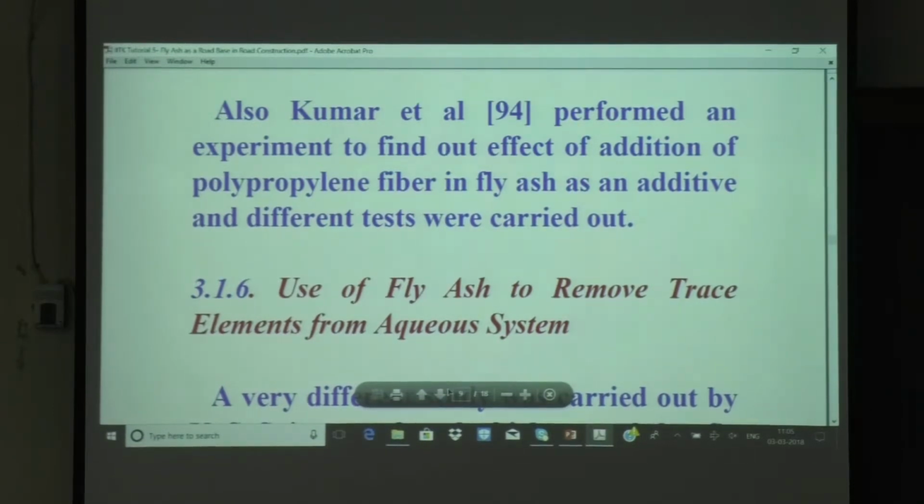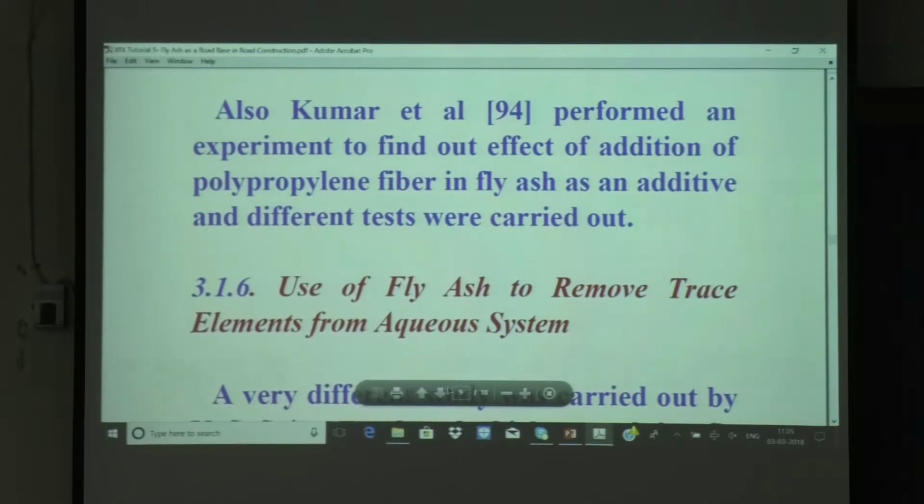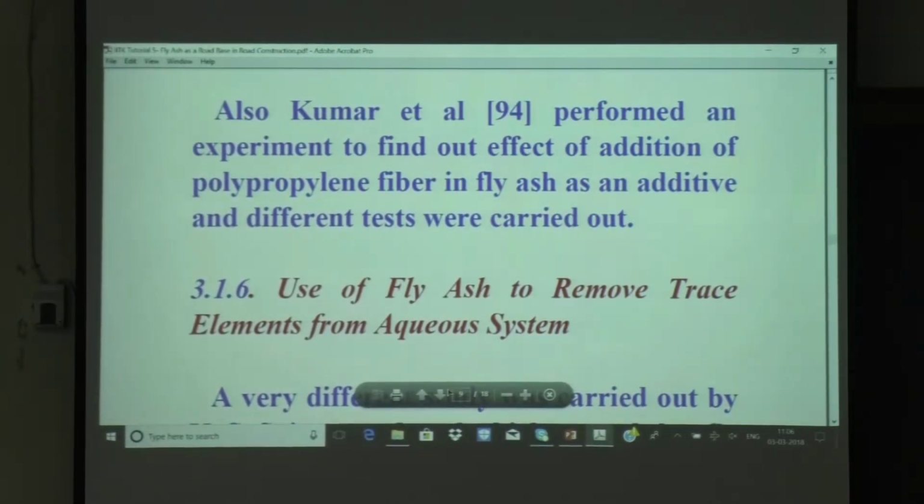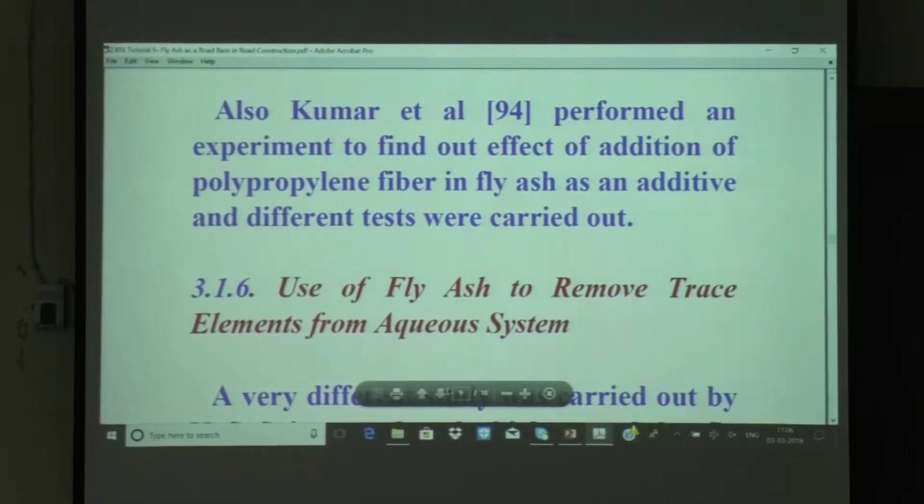They performed an experiment to find out the effect of addition of polypropylene fiber in fly ash as an additive, and different tests were carried out. You can add fiber reinforced polypropylene in other applications too, because the polypropylene can take up some deformation, whereas the fibers will not deform otherwise, and it will give some ductility.